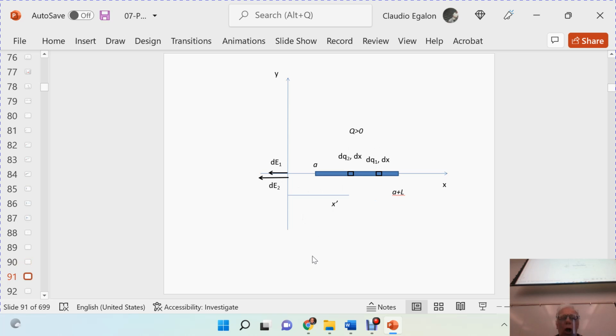Then we have another infinitesimal charge here that I'm calling dq2, which, by the way, has the same amount of charge as this one because the rod is uniform. That's going to contribute another infinitesimal electric field, which is going to be slightly greater than this one because it's closer, right? Make sense? It's closer. And so on. You have a bunch more charges in there.